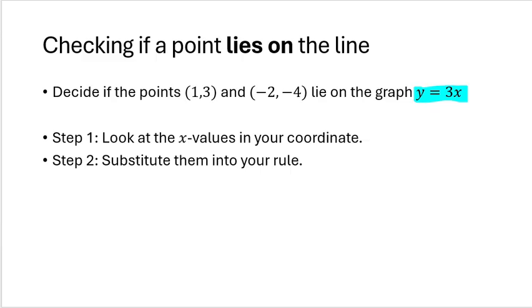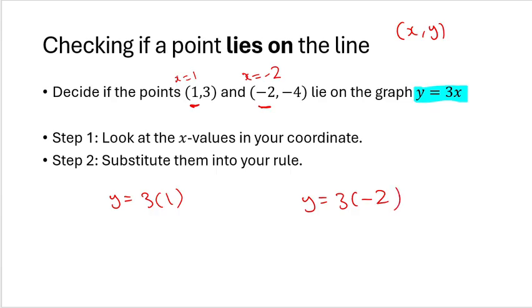Step 1, look at the x values in your coordinates. So as you can see here, I have x equals 1 and then x equals -2. What I'm going to do now is substitute these x values into my rule. So I have y equals 3 bracket 1, and I have y equals 3 bracket -2.